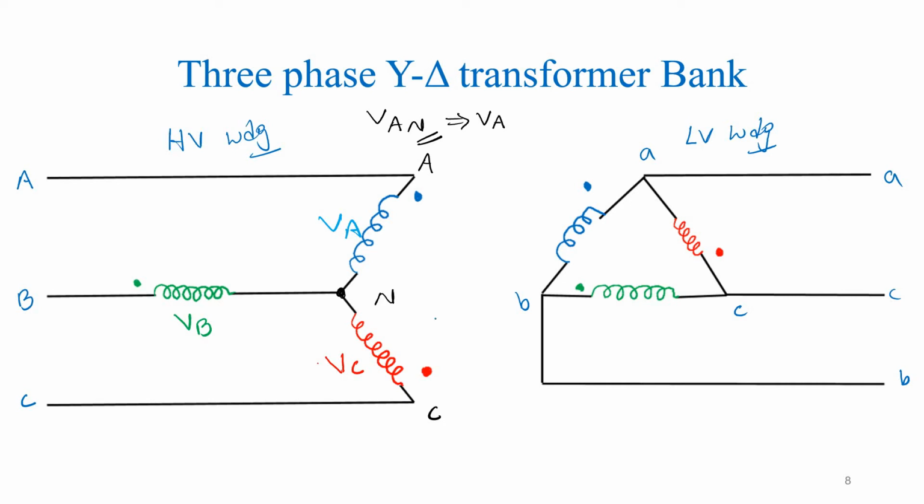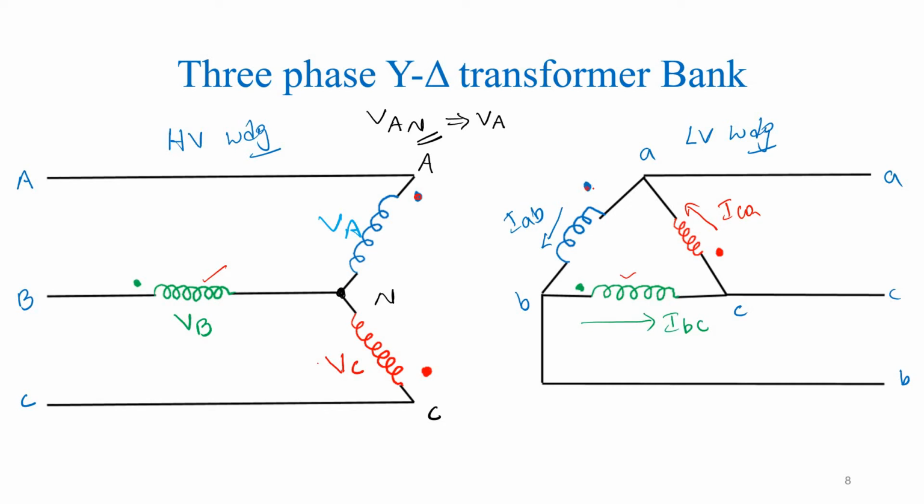Similarly, if you mark the currents in the delta connection, the current flowing through winding AB is IAB, the current flowing through winding BC is IBC, and this current is ICA. Now we can observe here the winding AN and the winding AB are parallel to each other, and the winding connected between the C and N terminals and the winding connected between the A and C terminals are parallel to each other, and this winding and this winding are parallel to each other.